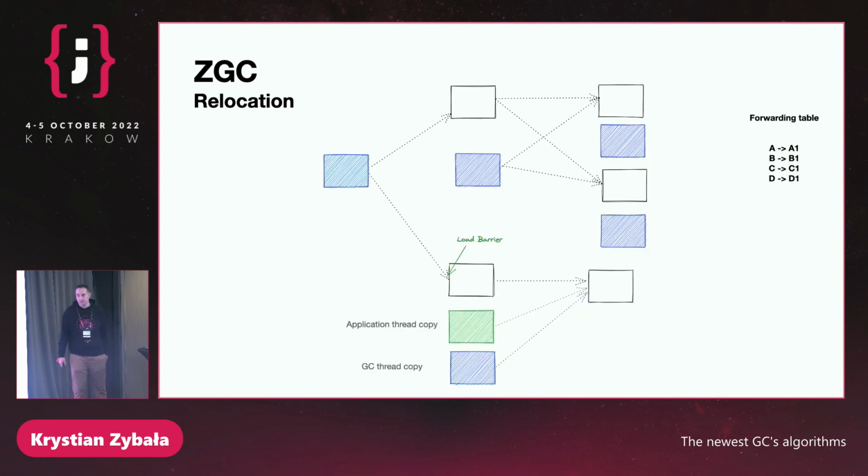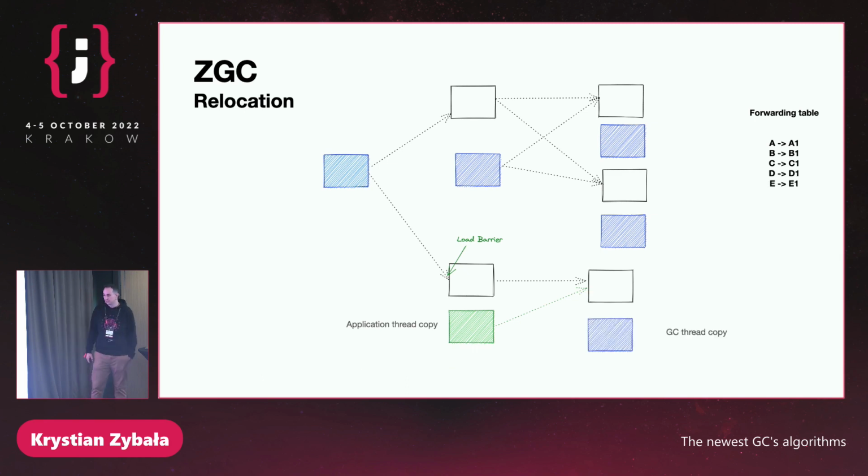And after that, the GC thread can come to the same location, and as you saw before in the Shenandoah scenario, there's a similar situation. The garbage collector thread wants to atomically update the forwarding table, but it sees that this information is already in the forwarding table. So yes, it lost this race.